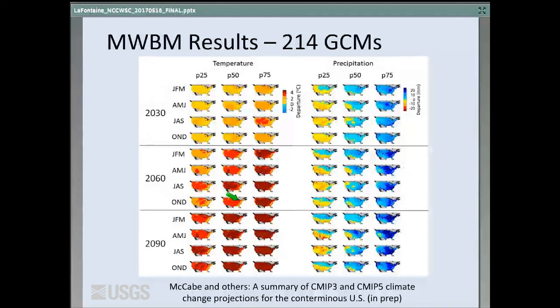And so the P50 represents the median of those simulations, what the change in temperature is. The P25 is the lower part of the middle part of the distribution. So you have the 25th percentile, the 50th percentile, and the 75th percentile of response.